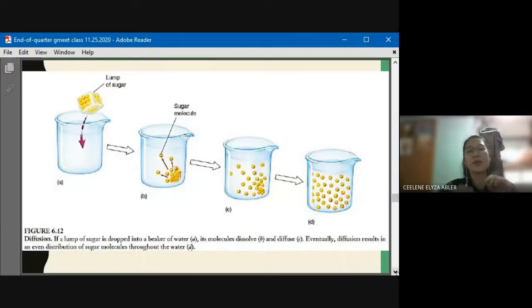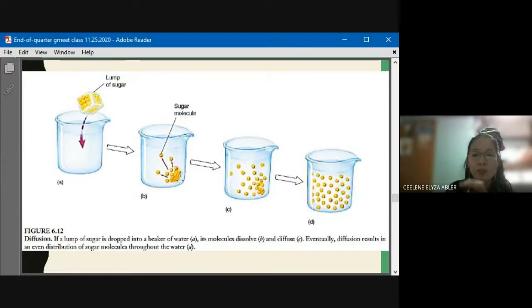Right. So, okay. Dito tayo pupunta, yung parang molecular na level na tayo. So, meron tayong, for example, you have a lump of sugar, you place it inside a beaker or a glass of water, simply just a glass of water, you don't need a beaker for it.